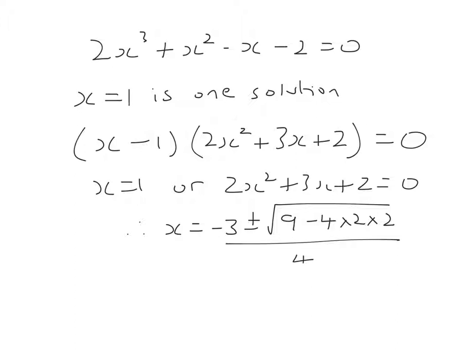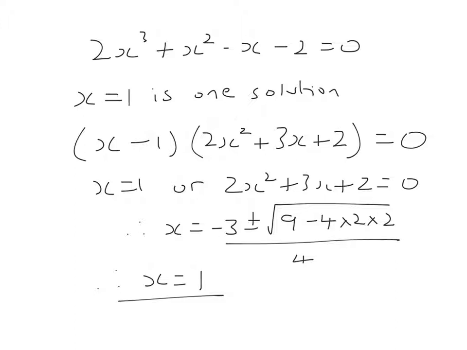Now, 9 minus 4 times 2 times 2, well 4 times 2 times 2 is 16, 9 minus 16 is negative, so it's the square root of minus 7. There's no real solution, so therefore the only solution is x equals 1. This won't always happen, sometimes it does, like in this example, and sometimes this equation gets you two further solutions.